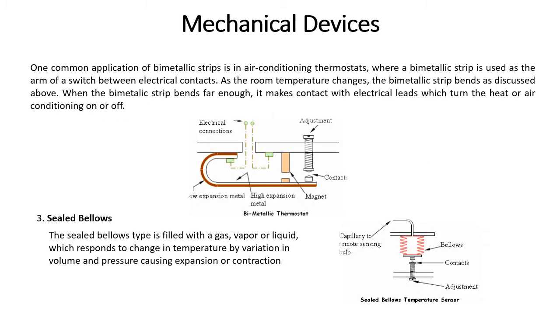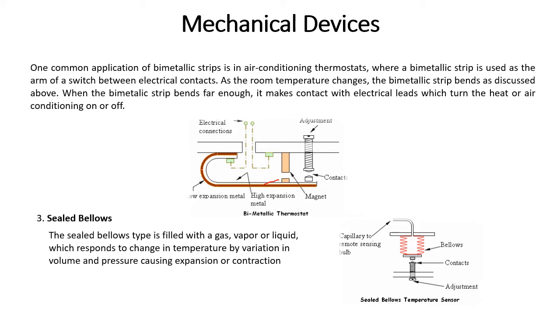One common application of the bimetallic strip is in air conditioner thermostats. As you can see in the picture, a bimetallic strip is used as the arm of a switch between the electrical contacts.